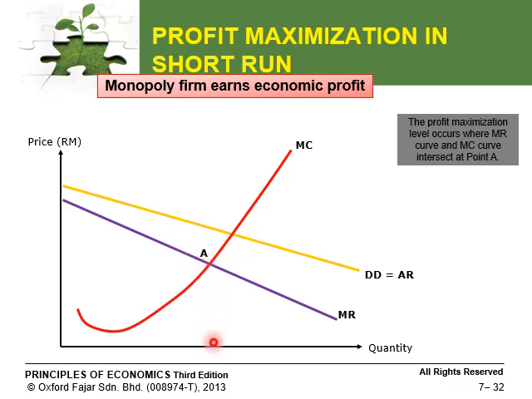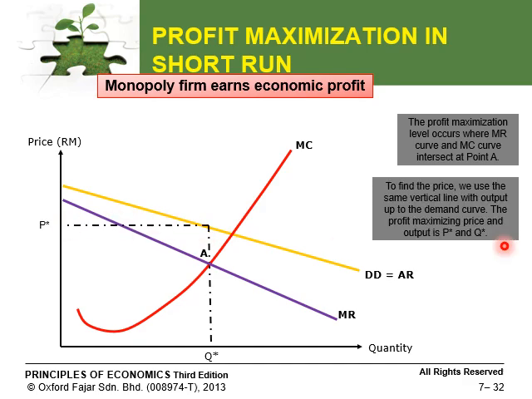Here you can see the quantity through this point, and they decide the price based on the intersection with the average revenue. Yes, so this is how they achieve profit maximization in the monopoly market.